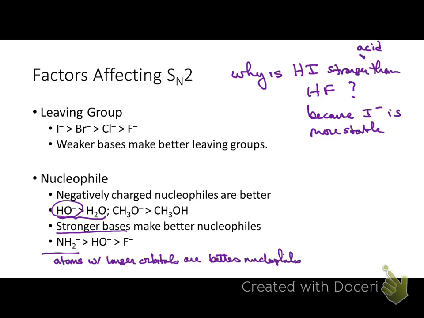In essence, when you want to form a bond, if you have a bigger orbital to form a bond with, it just forms better. It's just easier to do. We're not going to deal with any of that in this chapter, though, for sure. So questions? Okay.